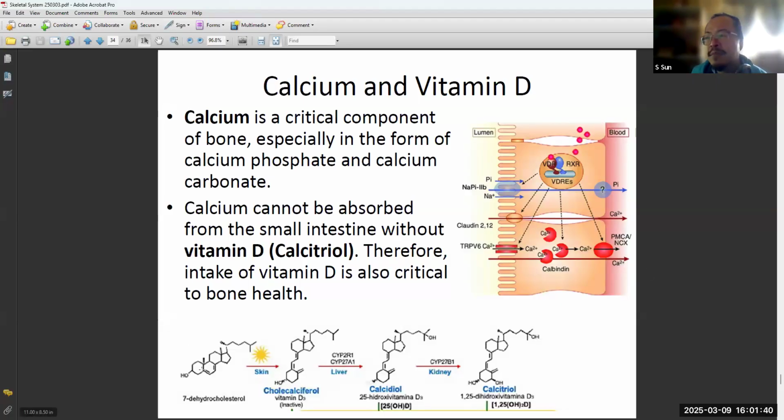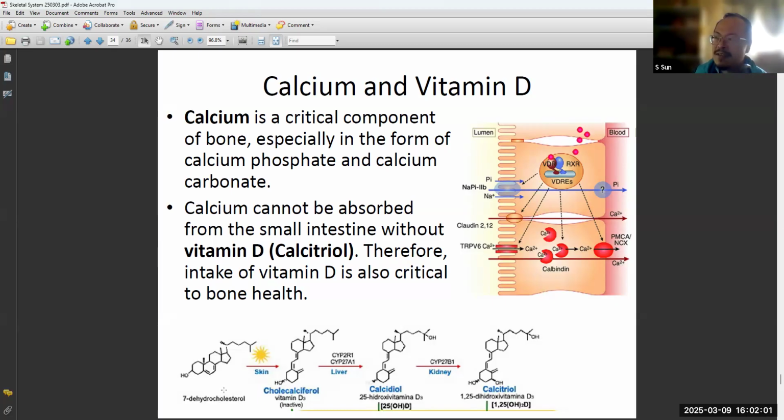You can get vitamin D by getting sun exposure. Your skin can convert a cholesterol derivative in your body called 7-dehydrocholesterol. So don't worry too much about this.